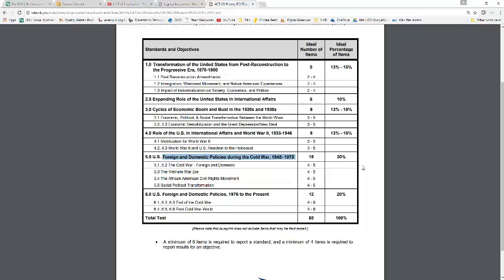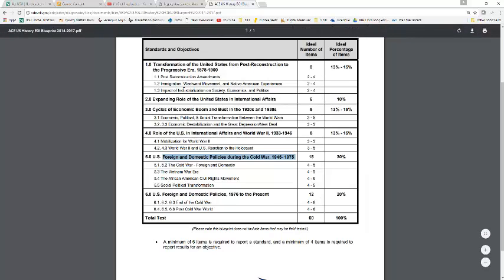So that's how you use blueprints. If we know that we have 112 to 115 days to teach, then what I would suggest is figuring out how much you're going to spend teaching each of these major objectives based upon this percentage here.